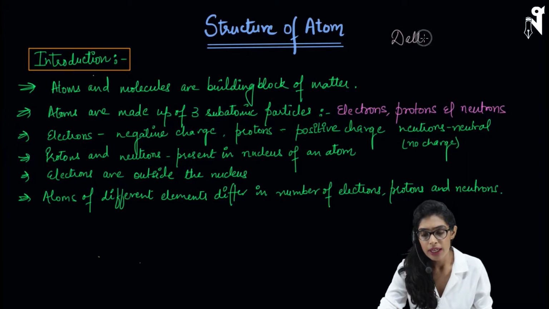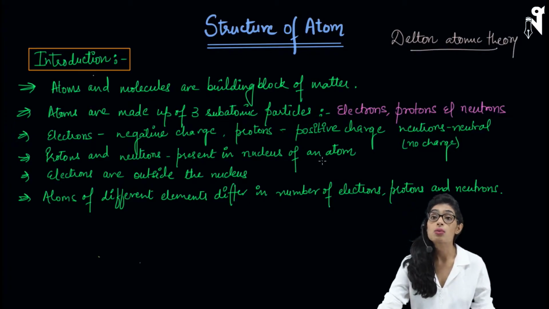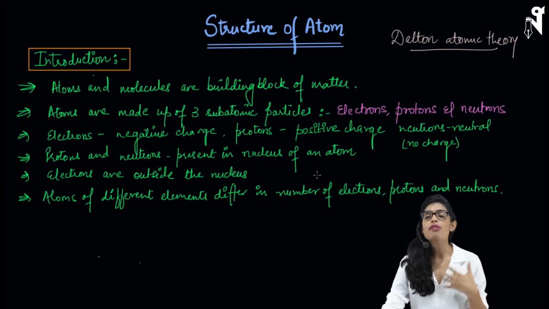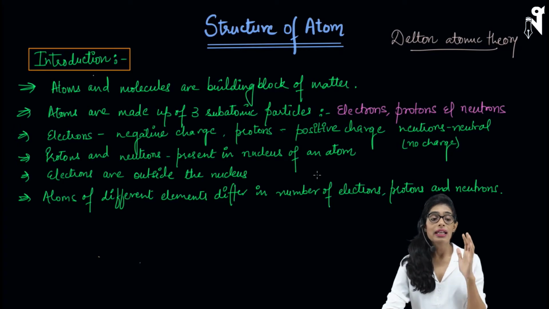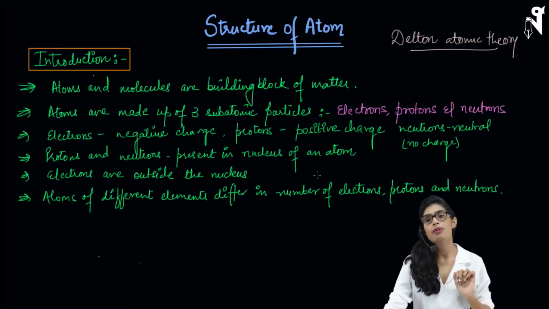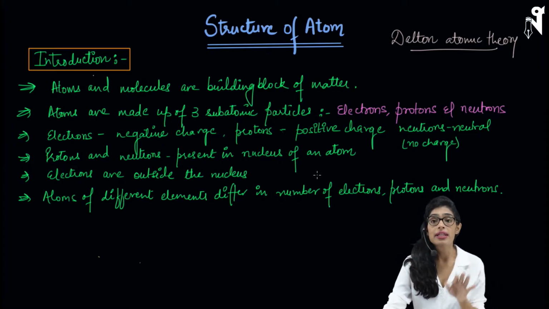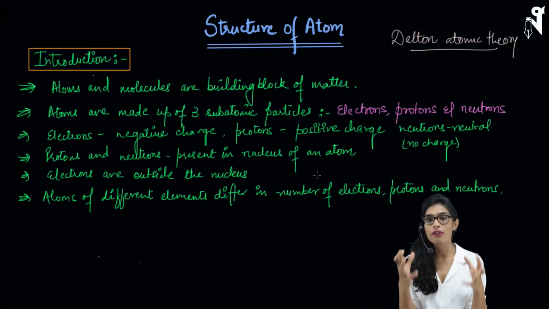So we had studied about Dalton atomic theory in the last class, and what was told by Dalton. So who was Dalton? Dalton was the one who could explain a lot of different characteristics of the atom, and he was the one who told that a single element is made up of the same type of atoms, and two different elements are made up of two different types of atoms, and these atoms will vary in terms of color, in terms of size.